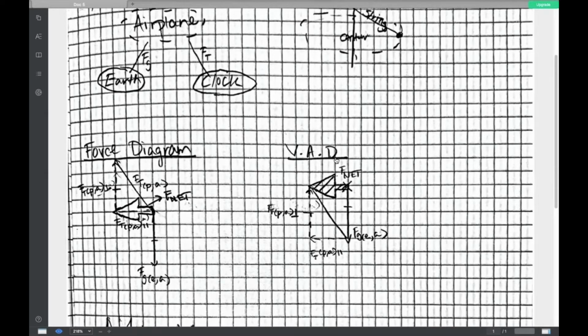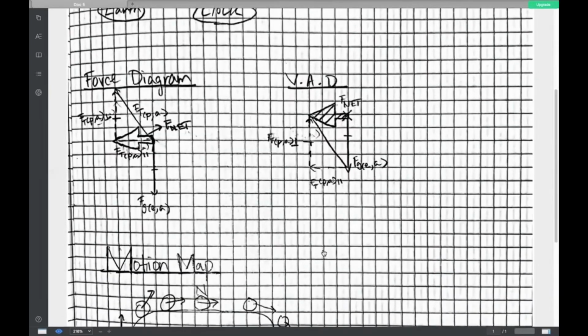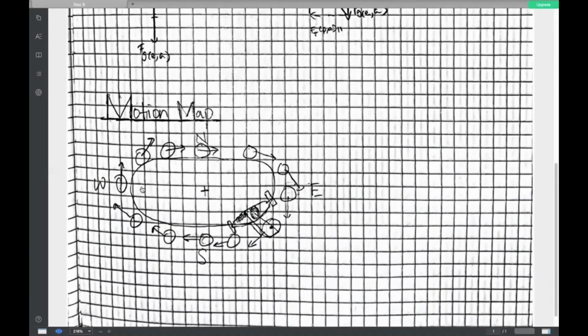And we also confirmed this using a vector addition diagram, where the only thing that was remaining between the beginning and the end of our vector addition diagram was a horizontal arrow, which was exactly the magnitude of the horizontal tension component force. We also drew a motion map, and this motion map helped us to depict the circular motion of the airplane.